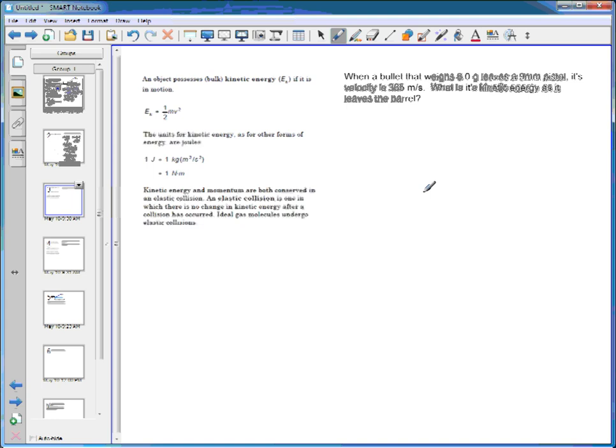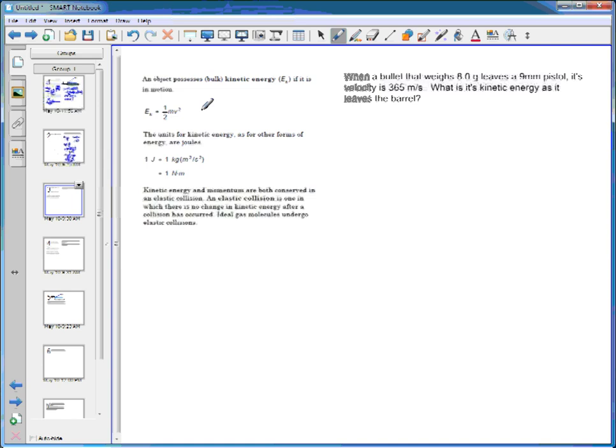If we look at this, mass is kilograms, velocity is meters per second, square that, you get meters squared per second squared, so you get kilograms meters squared per second squared, Newton meters.